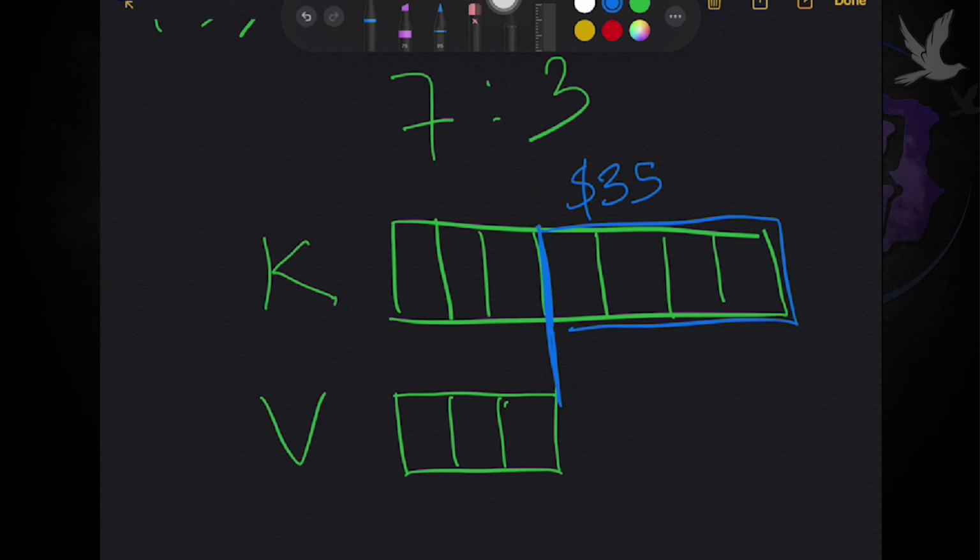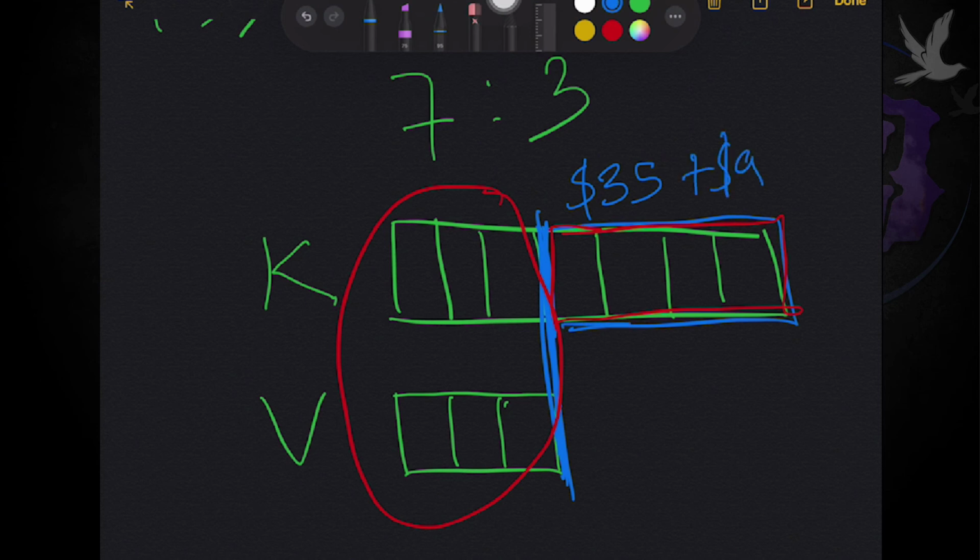So, ibig sabihin, at some point, this is the point where they have the same money. Where they should have the same money. And since this is the point where Kelly has more, ibig sabihin, yung $35 na yun, at saka yung $9 more, represent these 4 units over here.